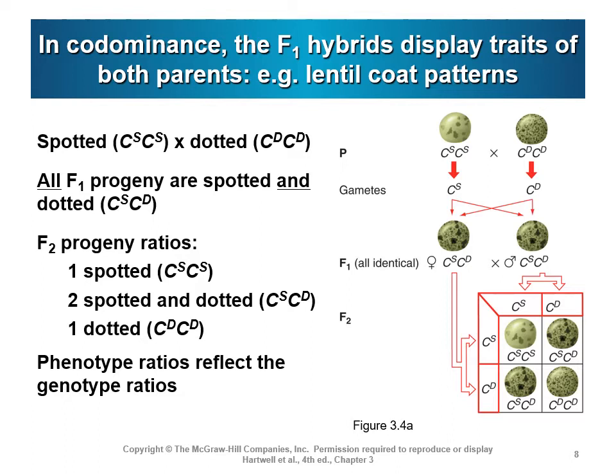Therefore, the F1 progeny is CSCD. If the F1 is crossed with itself, the F2 progeny will produce a 1 to 2 to 1 ratio of 1 spotted CSCS, 2 spotted and dotted CSCD, and 1 dotted CDCD individuals. And just like in incomplete dominance, the phenotype ratios reflect the genotype ratios.